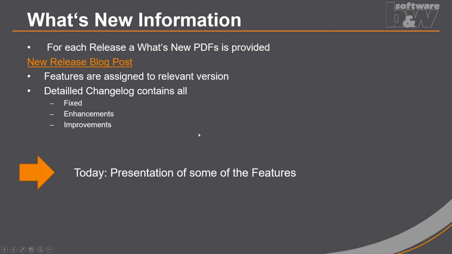Okay, so for some time already, we have released a What's New PDF for each release, simply because we want to quickly give you an input on what's new and what kind of features might be interesting for you. It's easily consumable: just a couple of pictures and a short description. You will always find this information on our homepage as well.